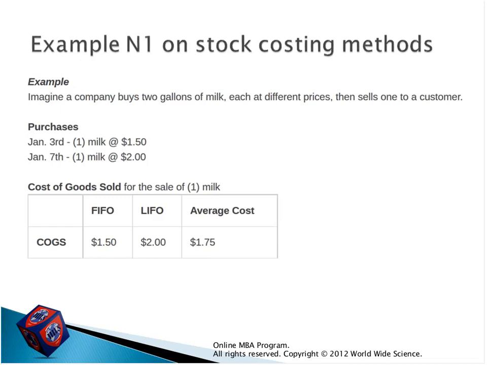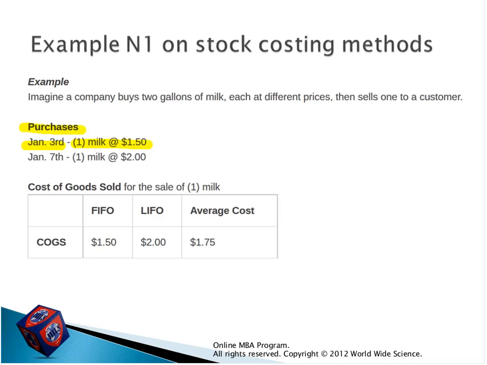Okay? So the company buys 2, sells 1, and then we have left 1 gallon of milk in the store, right? So we have made purchases. Let's see. On January 3rd, we have bought 1 gallon of milk at the price of $1.50.